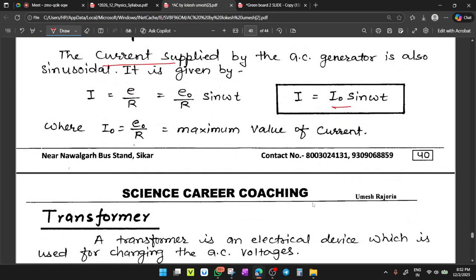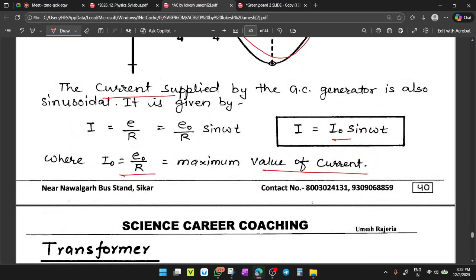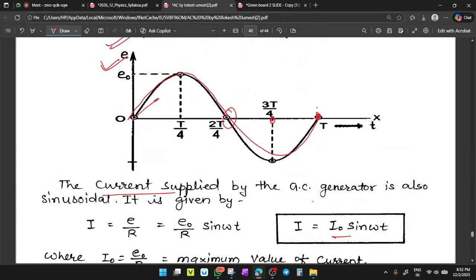This is the maximum value of the current. If you plot the graph of current, it will have the same shape, I equals I naught sin omega t, only the peak will take the value I naught.